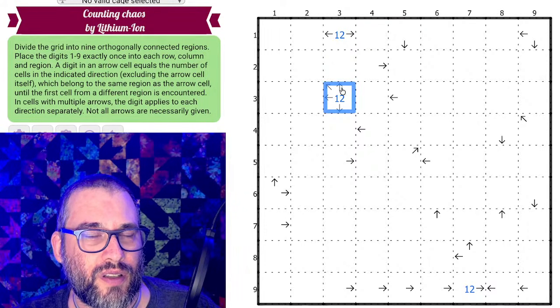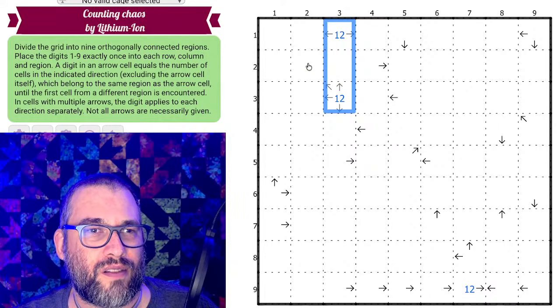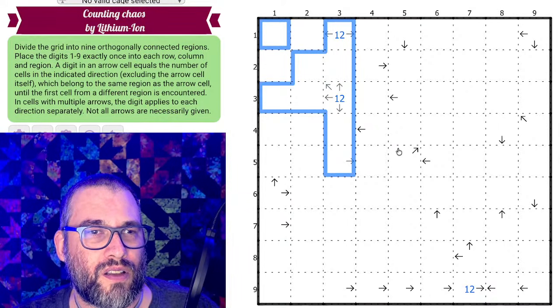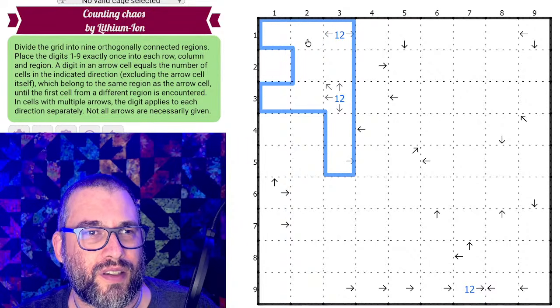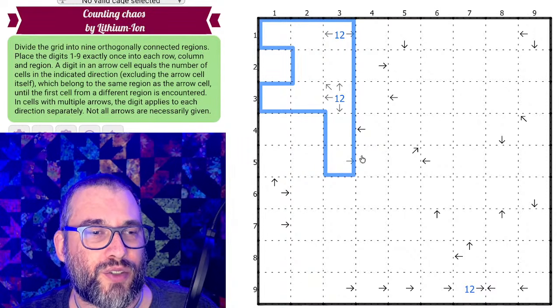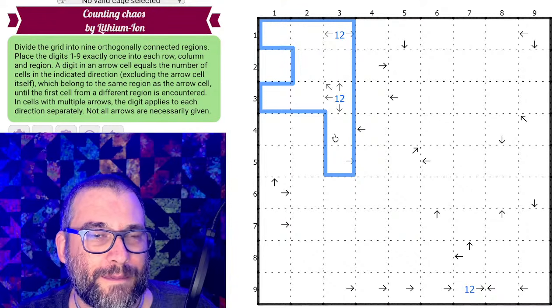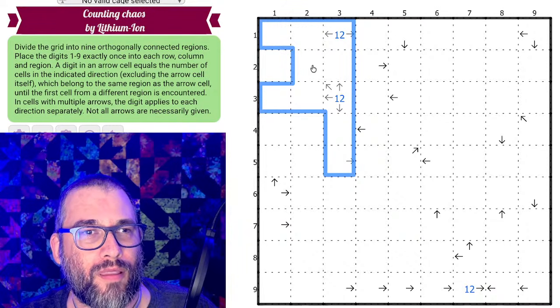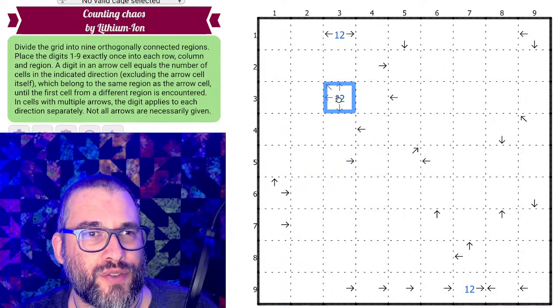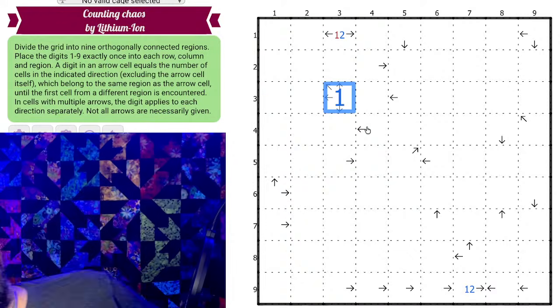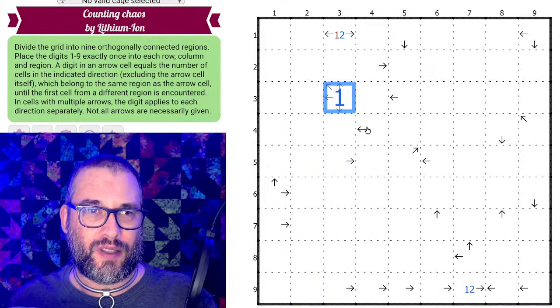And if this were a 2, that's saying these and like one of these, and that's too many cells. So this is just a 1. We get to do a 1 dance.